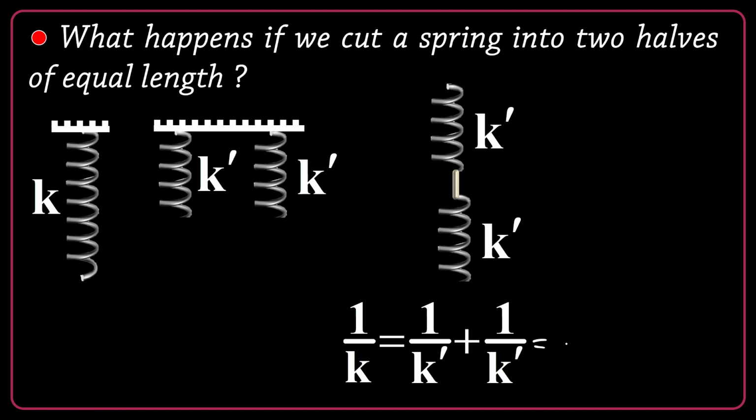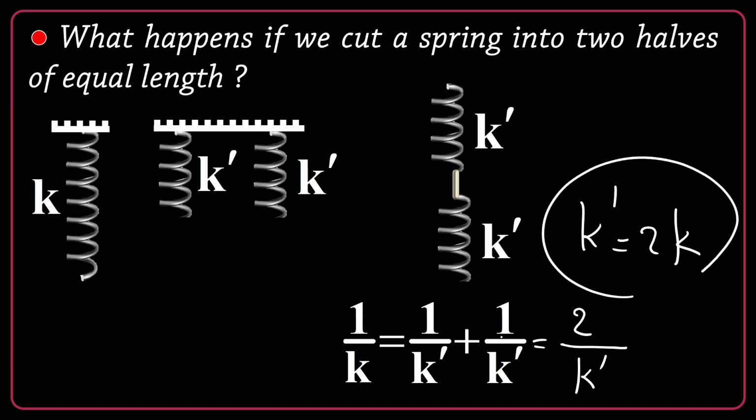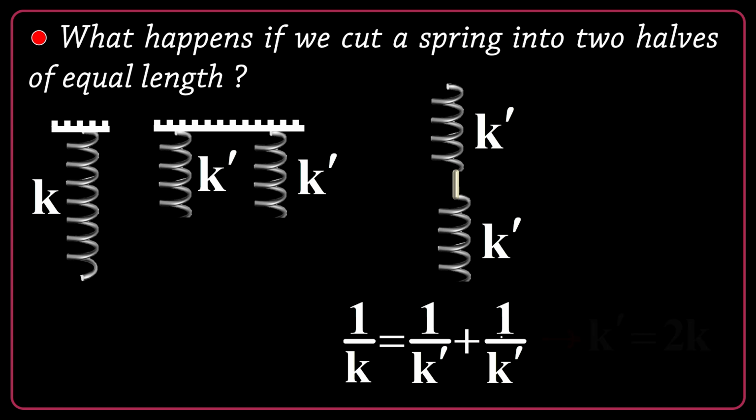Then I will have a common denominator of K prime and here 2. So if I reverse it, I will have K prime to be 2K. It's interesting. Each piece will have a spring constant of twice larger than the original spring.